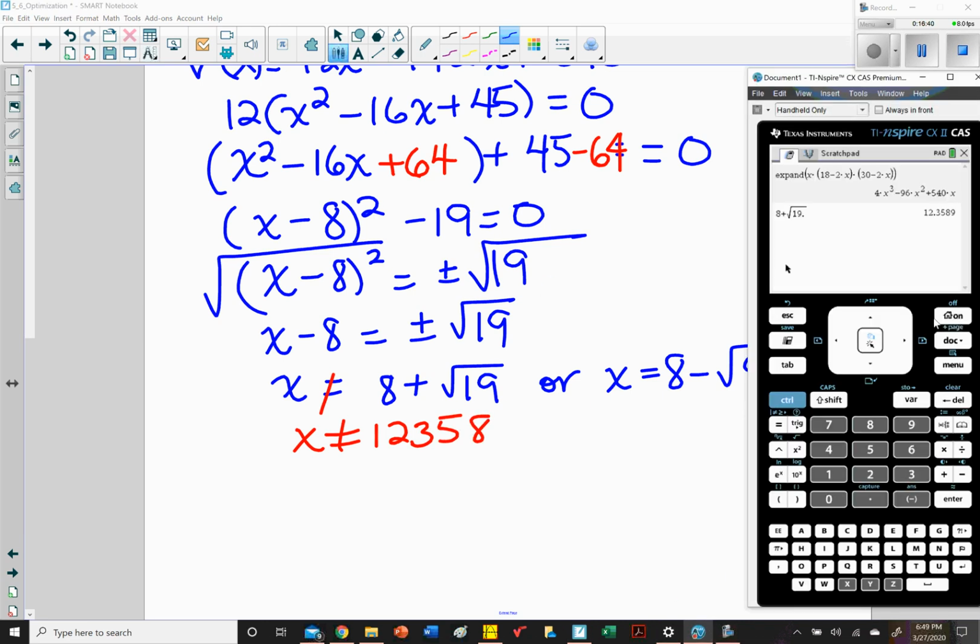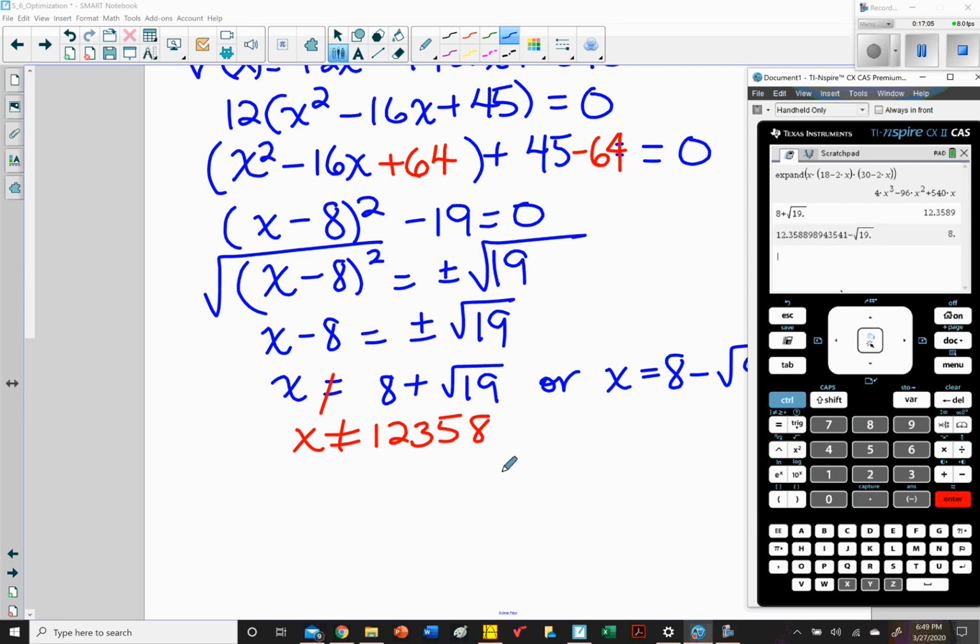Must be the other one. So 8 minus the square root of 19.